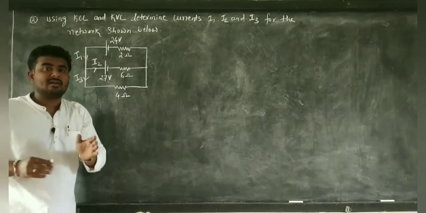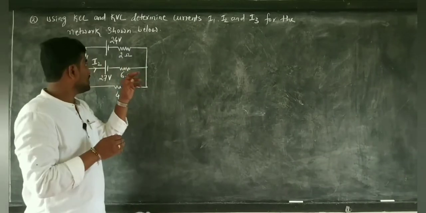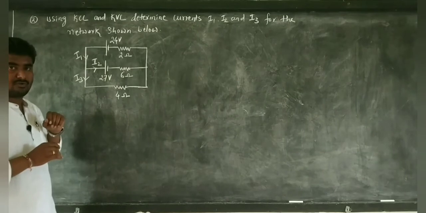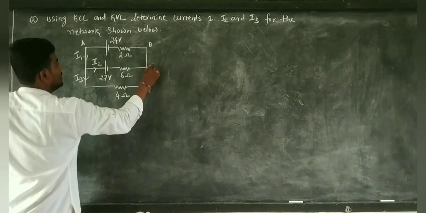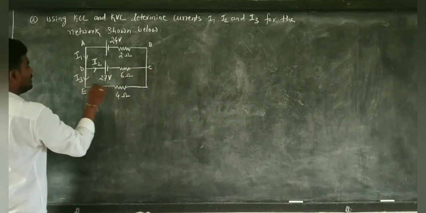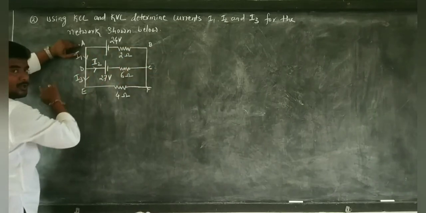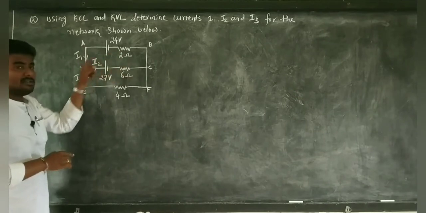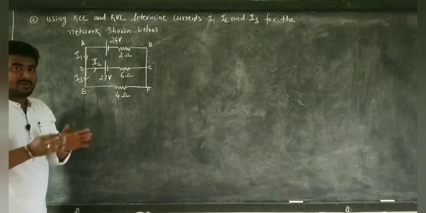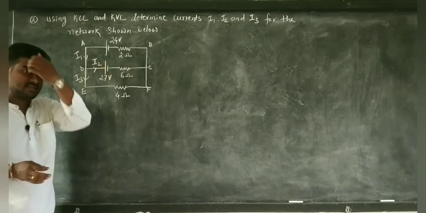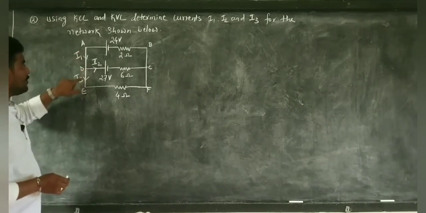According to KVL, if we consider a closed loop, I will name it A, B, C, D, E, F. See here, A, B, C, D, A is a loop, and according to KVL, the algebraic sum of potential differences or EMFs must be equal to 0. So we shall use KVL and KCL in order to find I1, I2 and I3.